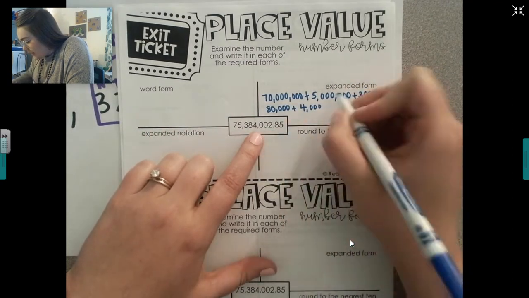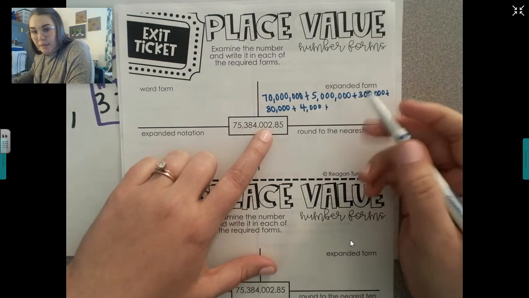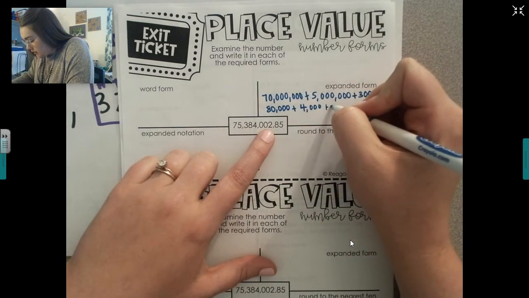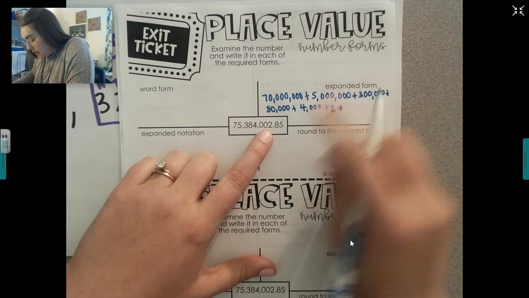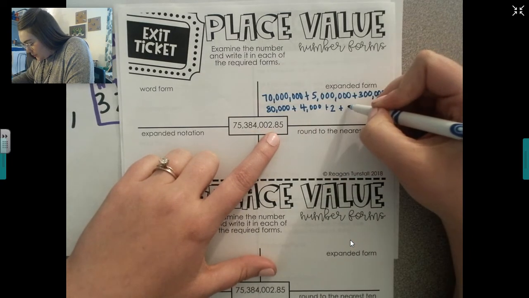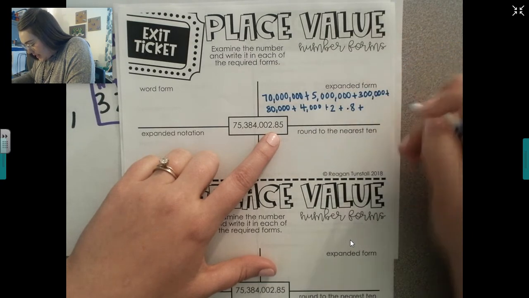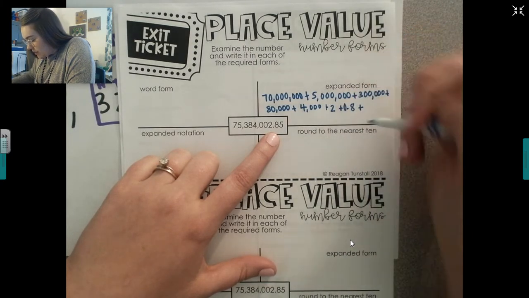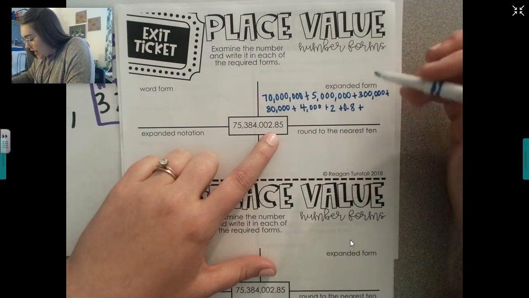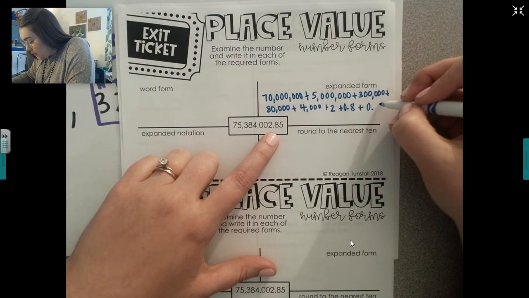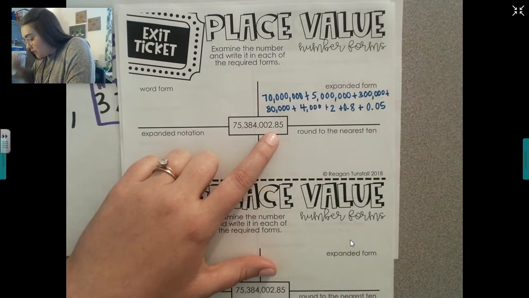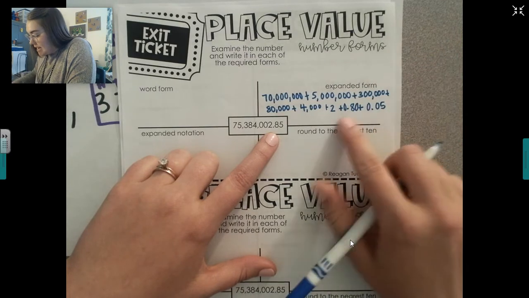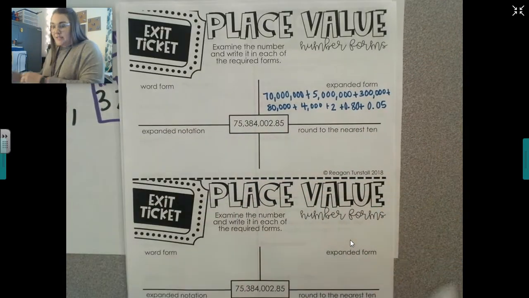And then look, I don't have to do plus zero because they're just zeros. I can just do plus 2 plus, and now I've got to do decimal 8 plus, that would be like 8 cents. Remember, we think of it as cents. So if I am going to do this one, I can't just do 5 because it's 5 cents. This is like saying 80 cents, and this is like saying 5 cents.